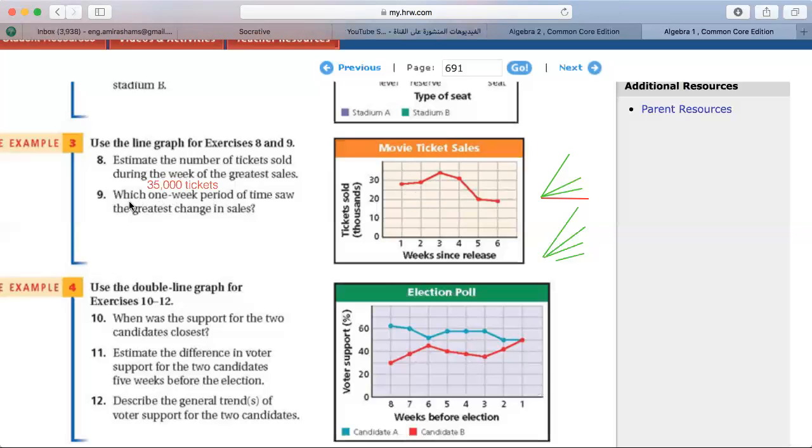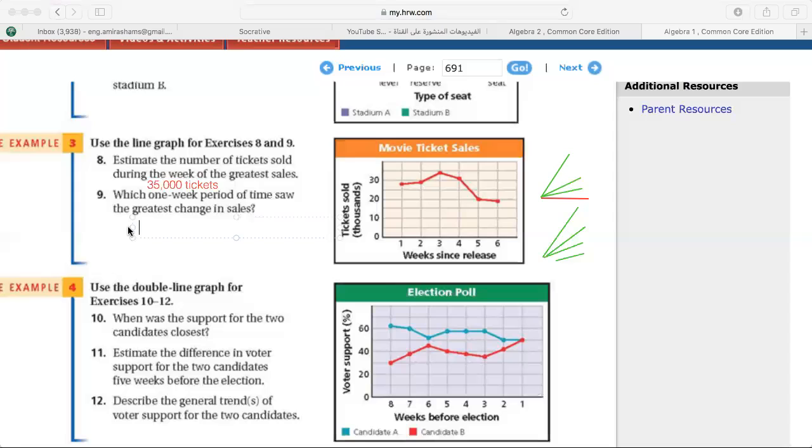So, number 9, which one week period of time saw the greatest change in slope? I'm going to write here week 4 and 5, between week 4 and week 5, because the question is saying one week period. So this is the week between week 4 and week 5.